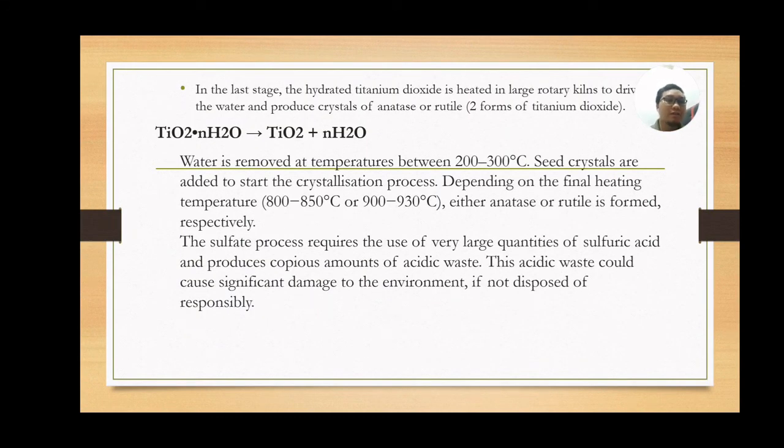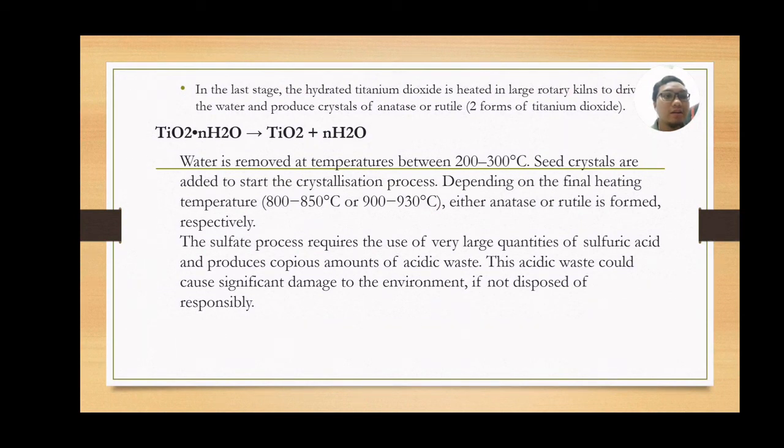Next, for the last stage, the hydrated titanium dioxide is heated in large rotary kilns to drive off the water and produce crystals of anatase or rutile, to form titanium dioxide. Water is removed at temperature between 200 to 300 degrees Celsius.